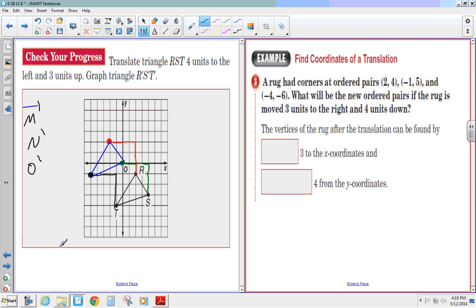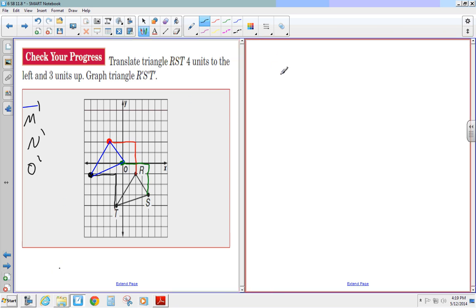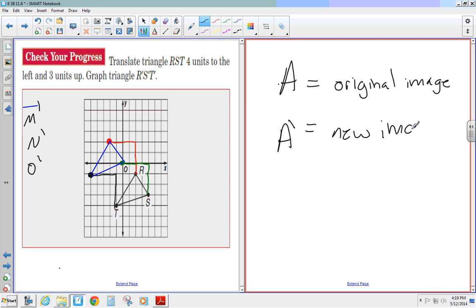And that makes me recall one piece of information you need to know. This is A. This represents the original image. This is A prime, which represents the new image.